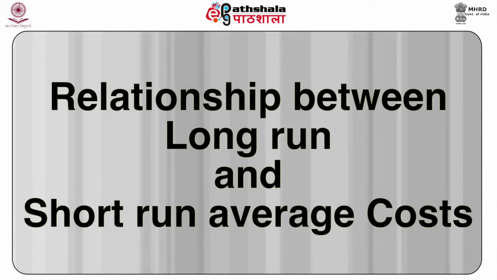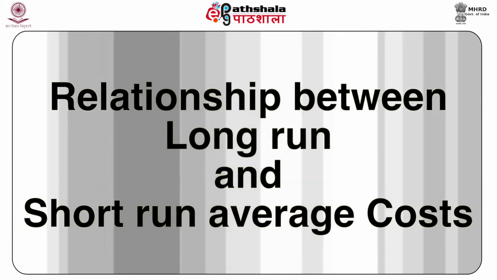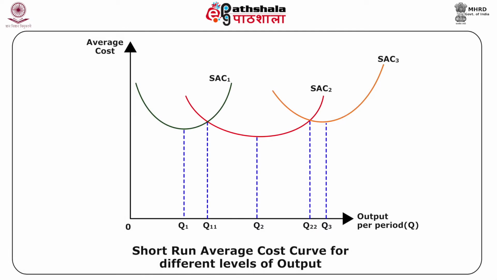Next is relationship between long run and short run average cost. Short run costs are based on the fact that capital is fixed and labor is variable, and hence in order to increase output, only the variable input labor has to be increased, whereas the long run costs are derived based on the assumption that all inputs are variable and therefore all adjustments can be made in order to achieve the minimum cost combination of inputs to produce different levels of output.